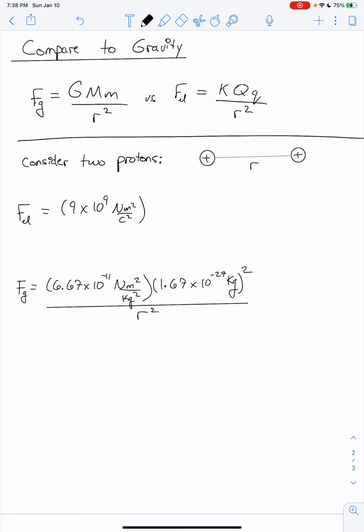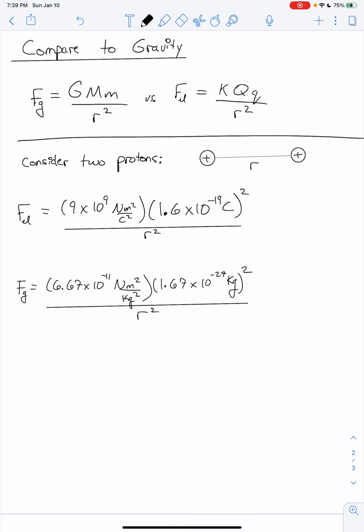So that's our K value, and then we're going to have two positive charges. They're protons, so they've got the fundamental charge e, and the value for that is 1.6 times 10 to the negative 19. And there's two of them again, so this is squared, and this again is all over the distance r squared. Okay, so that's looking very similar.